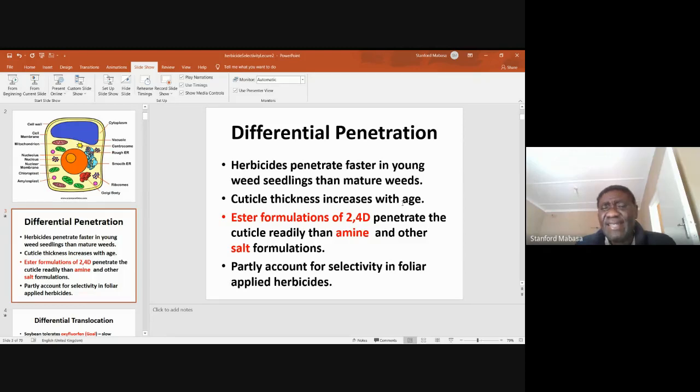It is the entry of the herbicide inside the plant which partially explains selectivity when it comes to post-emergence herbicides which are directly applied to the plants, or foliar applied herbicides.